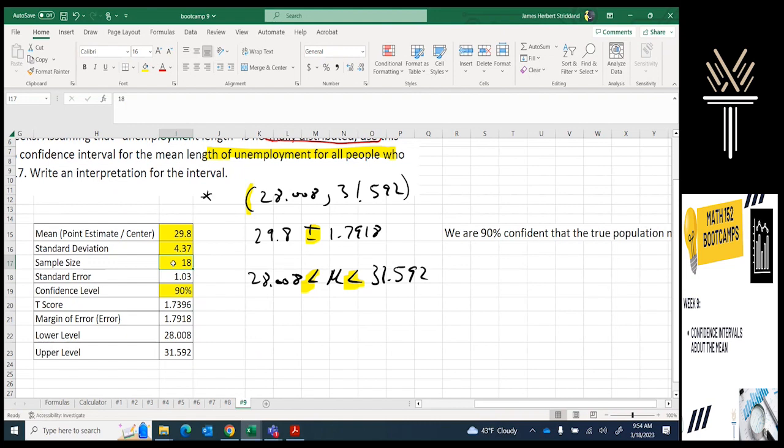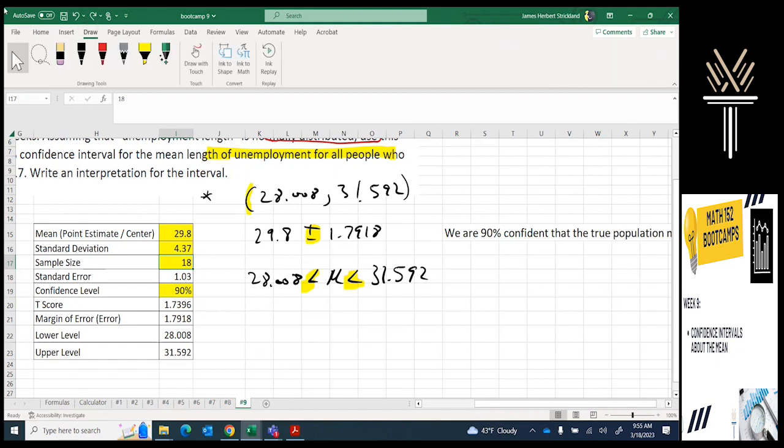Well, the more people we know, the closer we are to the population. And so the larger the sample that you get, the greater the shrinking of the interval you have, because the sample becomes closer and closer to the population itself because you have more and more of the population.